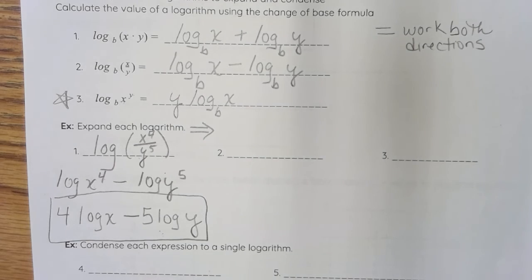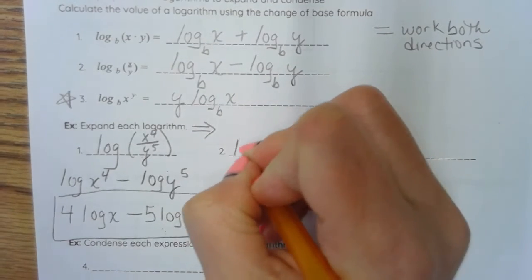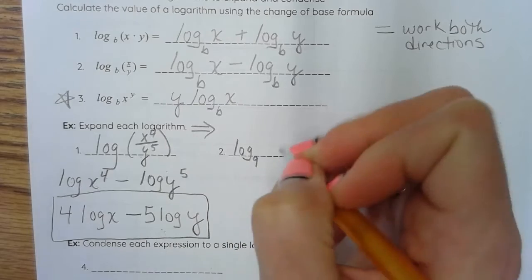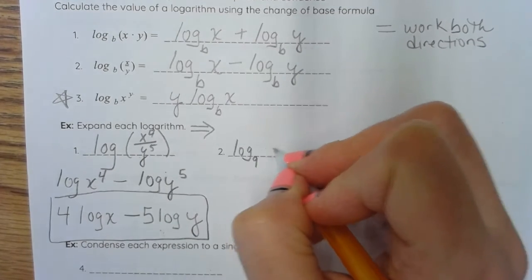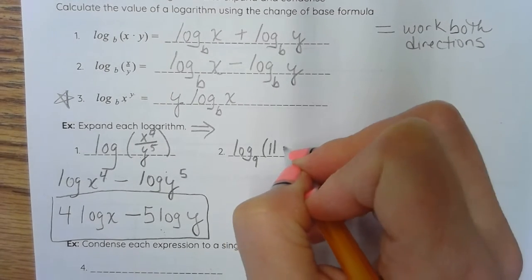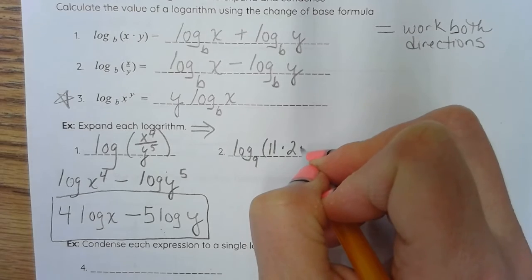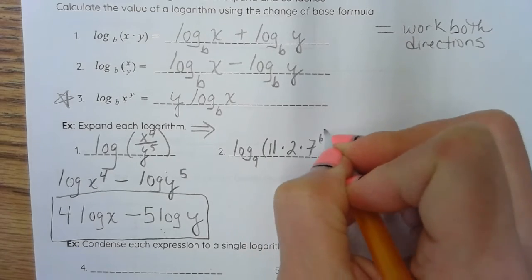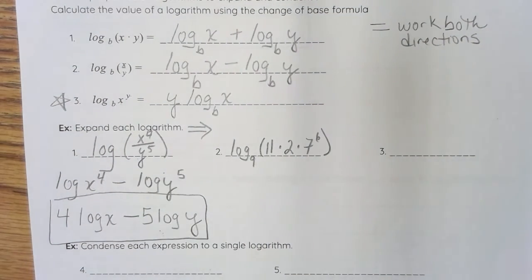For example 2, we're going to look at log base 9 of 11 times 2 times 7 to the 6th. So here we've got log base 9. This isn't one we could type in our calculator straight away, but that doesn't mean we can't still use our log rules.